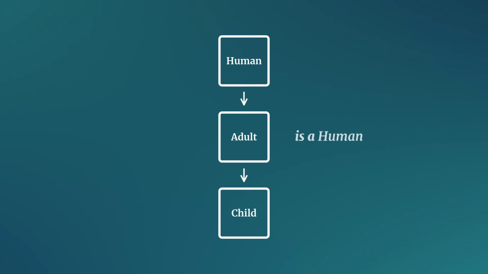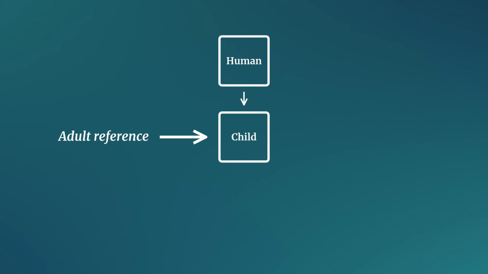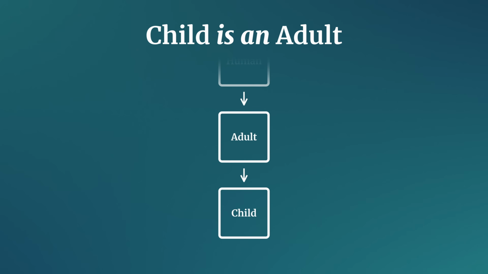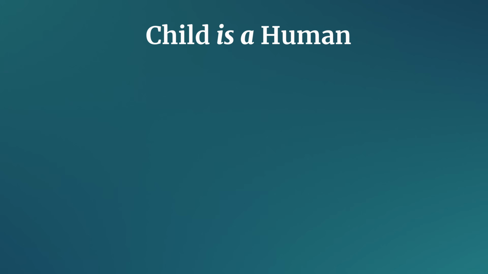An adult is a type of human, but a child is not a type of adult, meaning that a child class could not be used in place of an adult, since children cannot do everything that an adult can do, such as going to work, paying bills, or fixing the toilet. This inappropriate hierarchy can be exposed by checking for an is-a relationship, where the child is not a type of adult, but is a type of human.